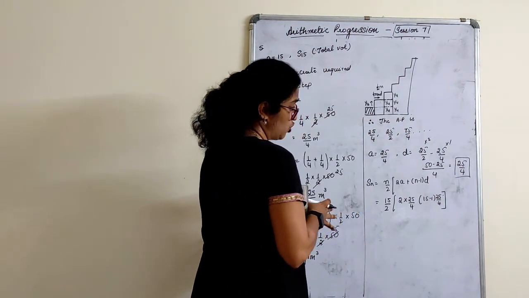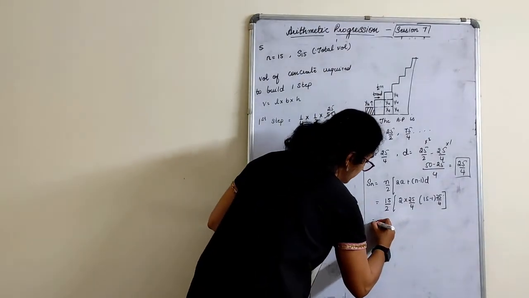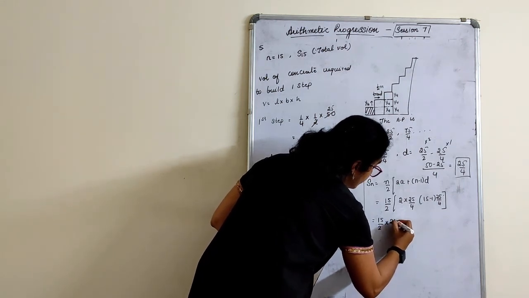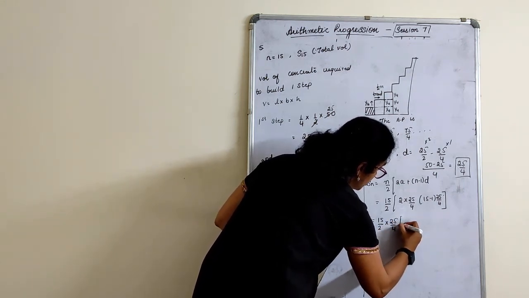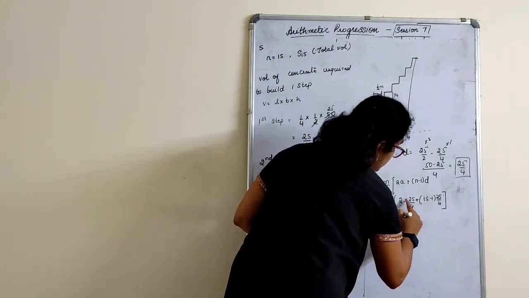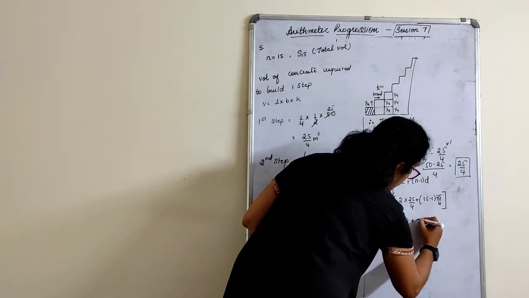If you want, actually I'll tell you, you can take 25 by 4 common. Calculation will be very simple if you want. See here, 15 by 2 into 25 by 4 I'll take common here, children, into 2 plus, 25 by 4 I have taken common anyways here, 15 minus 1 is what? 14.